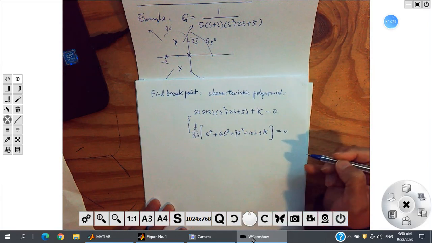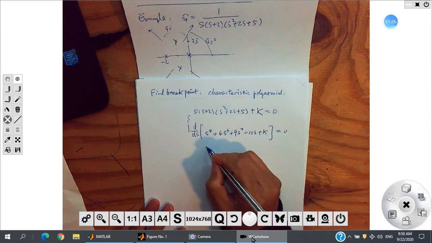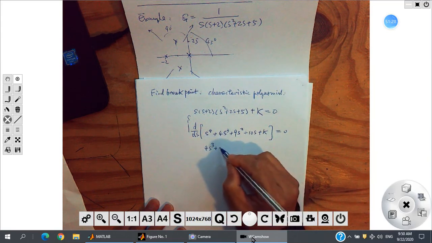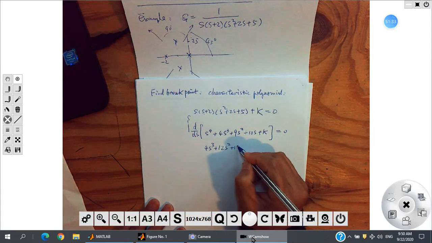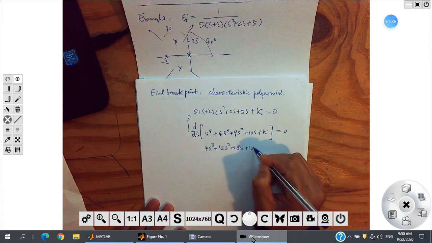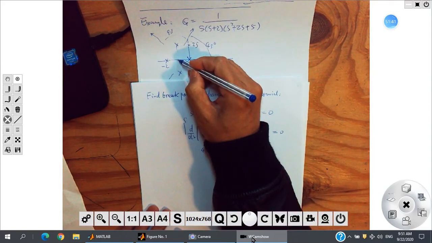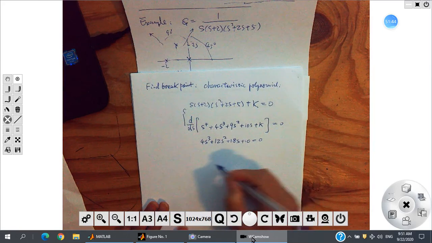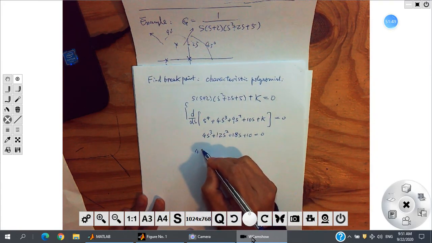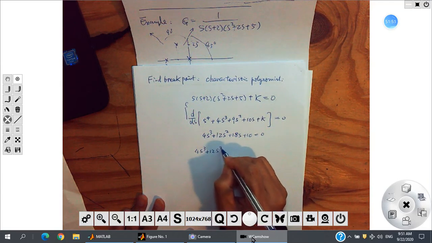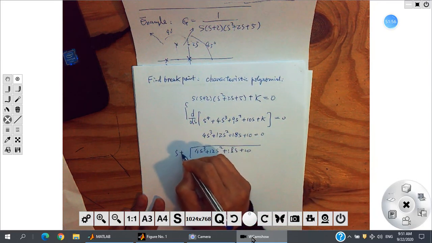Am I good? Okay, it's good. Then this derivative has no k, right? After the derivative I have 4s cubed plus 12s squared plus 18s plus 10 equal to 0. And we know here should be a breakpoint, so s equals -1, so this is s plus 1. So I can try 4s cubed plus 12s squared plus 18s plus 10 divided by s plus 1.